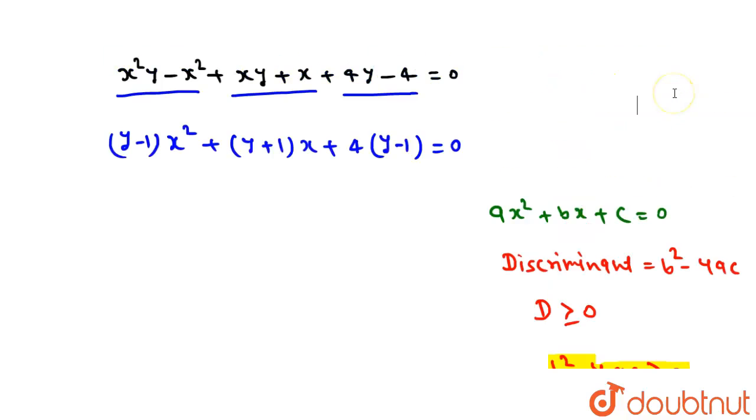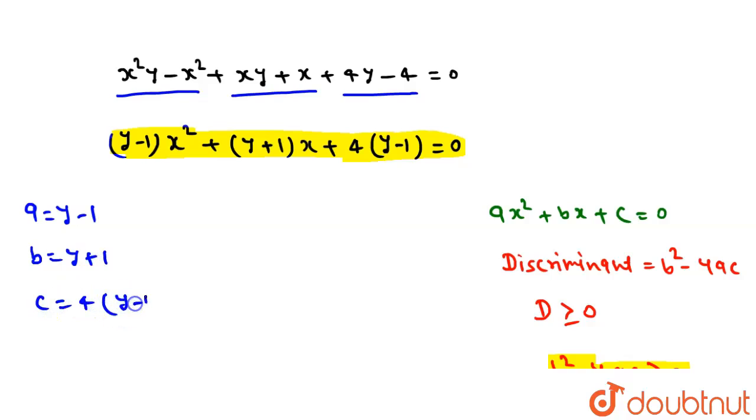Now we use this condition in this question. If we compare this equation with the general form of the quadratic equation, we get a is equal to y minus 1, b is equal to y plus 1, c is equal to 4 into y minus 1.